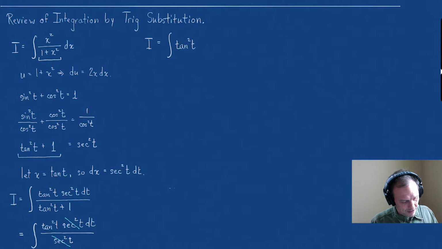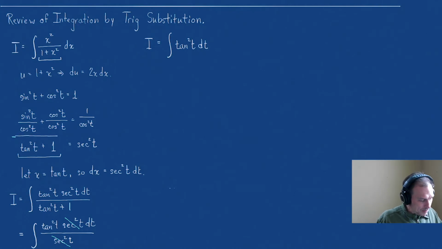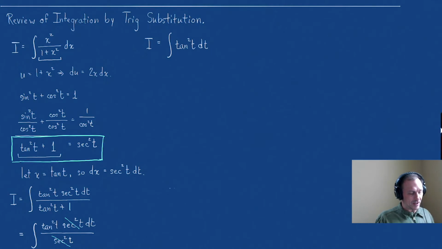Now, this one is one that I can never remember, but I think we can solve. Let's go back to our trig identity. I'm going to highlight that in a little blue box. This box says that tangent squared of t plus 1 is equal to secant squared.